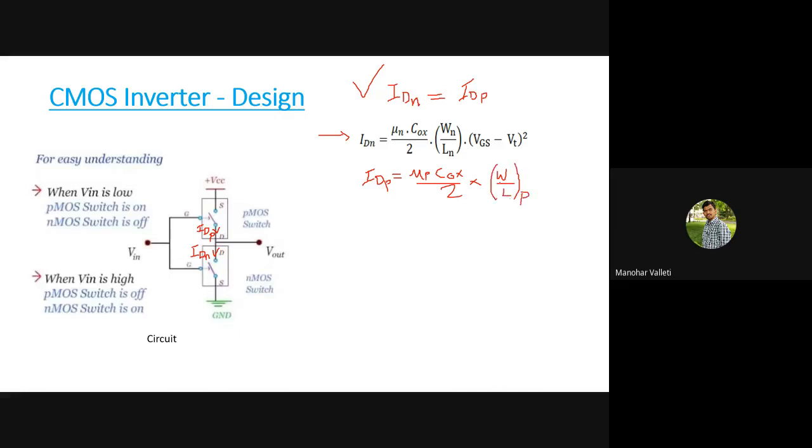So this is the W/L ratio of PMOS, and this is the W/L ratio of NMOS, multiplied by (VGS minus VT) whole square.